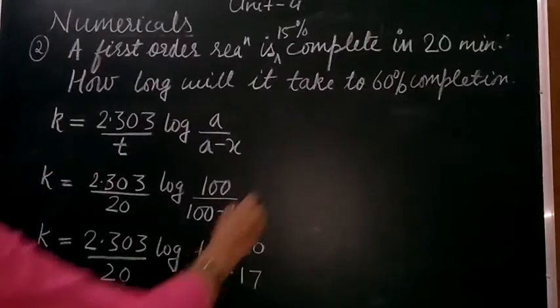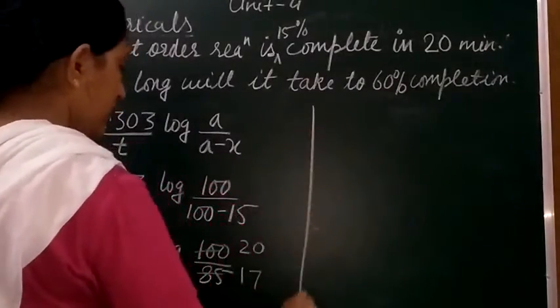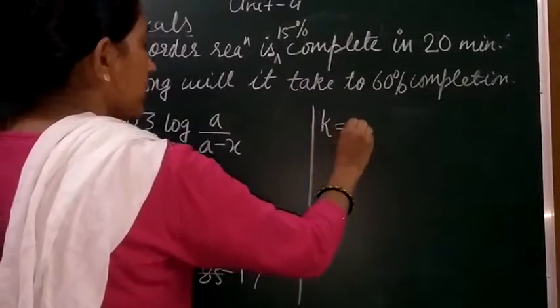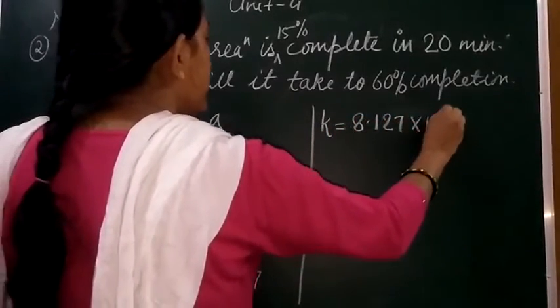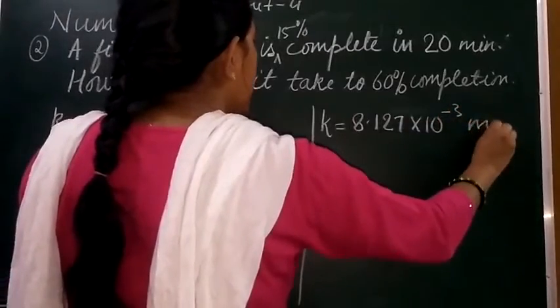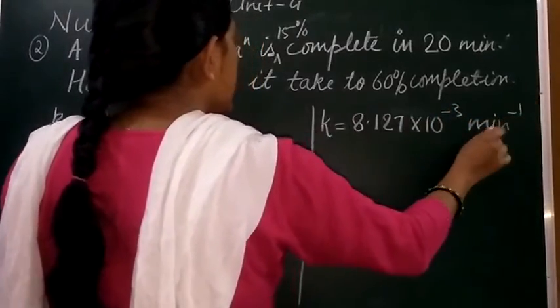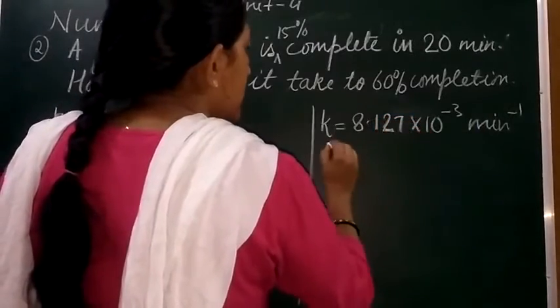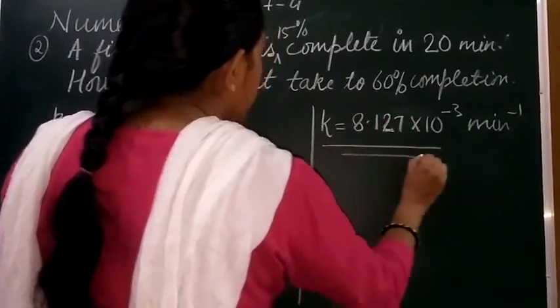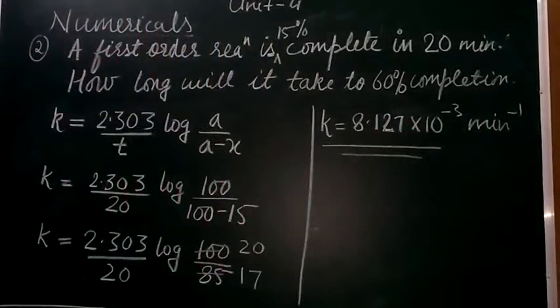Then on solving it, we'll get k equals 8.127 into 10 raised to power minus 3 per minute.